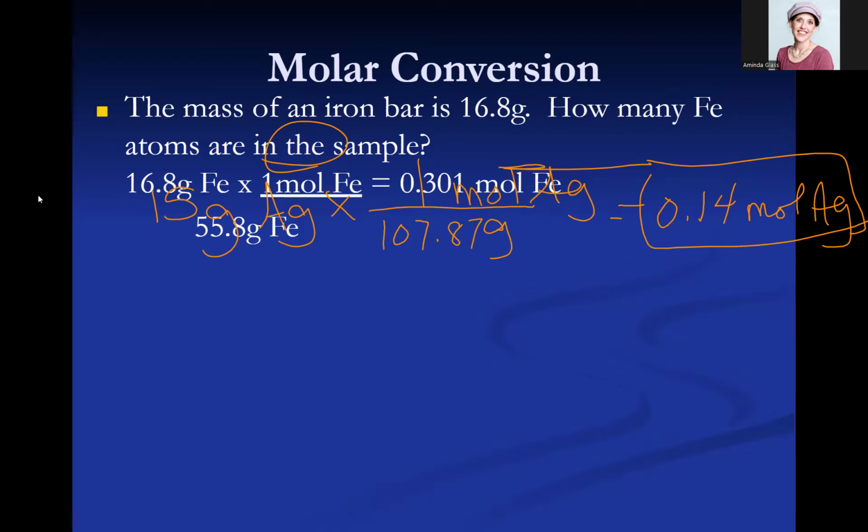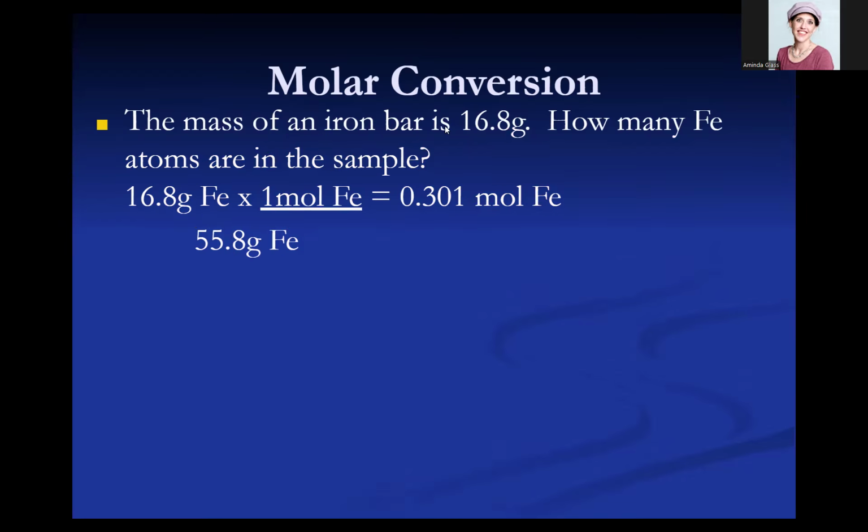All right, let's go back to this last question that we did. We were given a mass of an iron bar and that it was 16.8 grams. This time, instead of asking how many moles there are, we want to know how many atoms there are. So we already know from a previous problem that we have 0.301 moles. So we can go from grams of something to moles by using 1 mole over the molar mass.